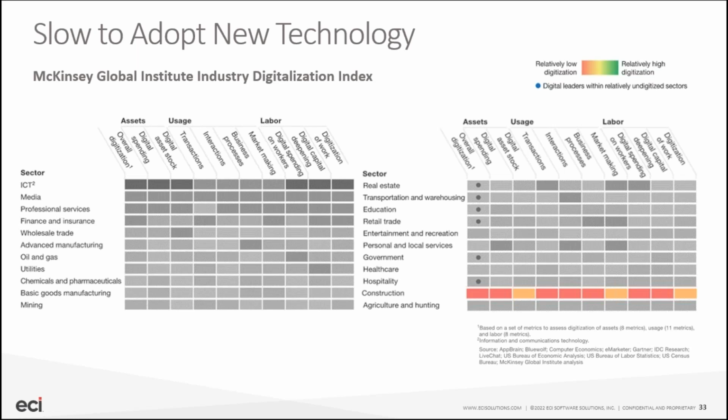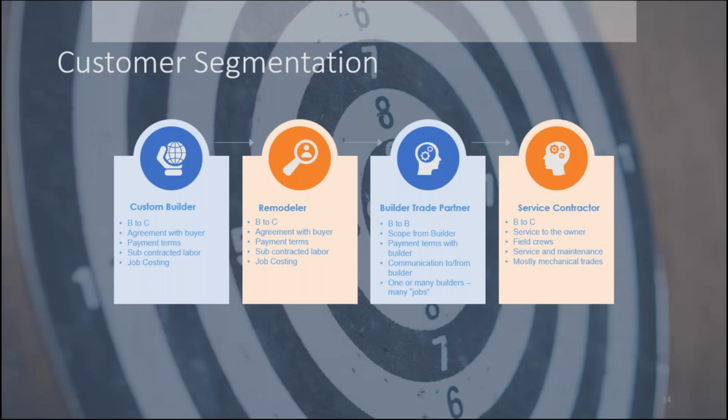So the first thing is, let's talk a little bit about customer segmentation. If we think about the different areas that the products that I just referred to solve, we believe it's probably the majority of the attendees right now. So going from the left over to the right, thinking in terms of custom builders.